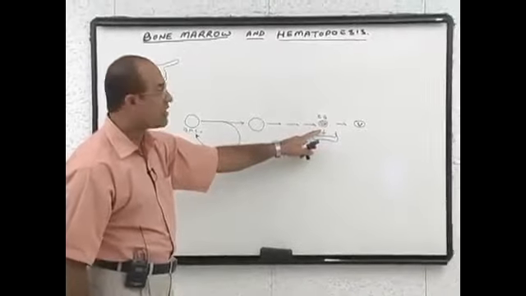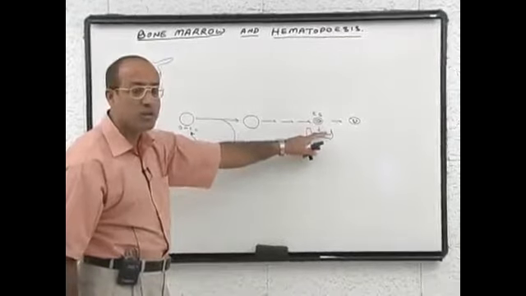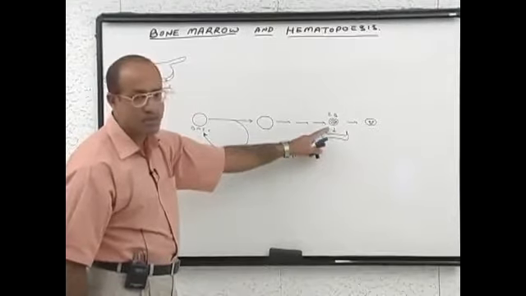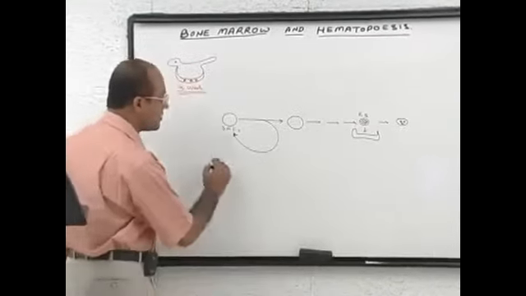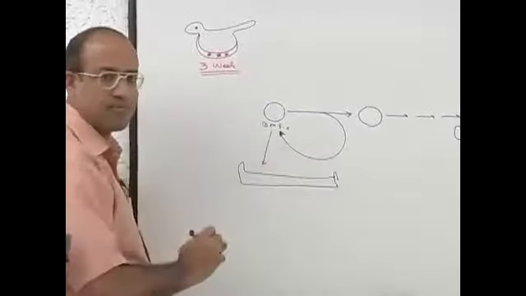So erythroblasts have the capacity to multiply and eventually convert into mature RBCs, but they cannot maintain their own population.